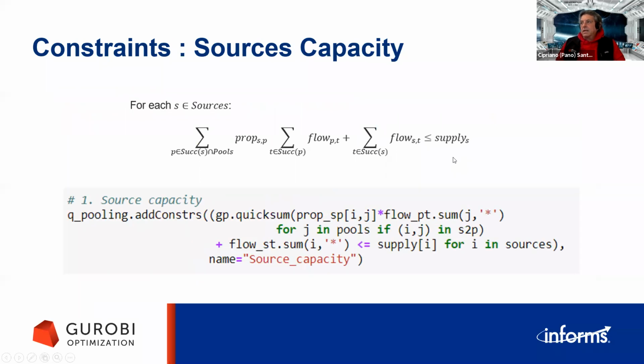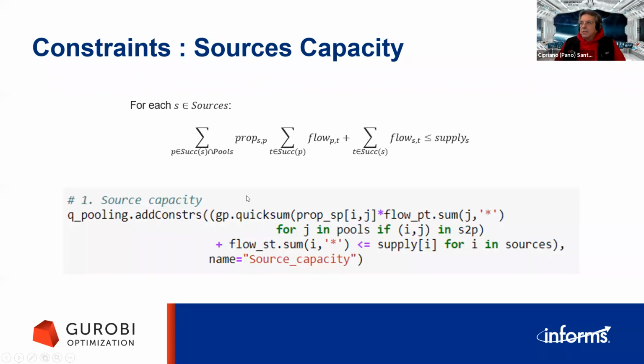In this particular case, we want to define the capacity constraint at each source node. So again, we are going to use the addConstr method. This first term represents the flow leaving the source node S and going to different pool nodes, so it's all the outflow leaving the source node S. And this term here is all the outflow of source node S going to target nodes.